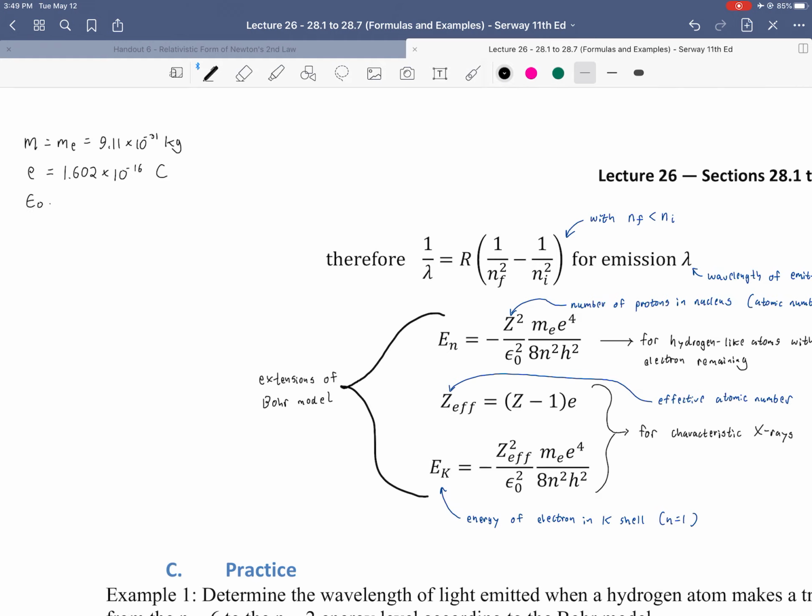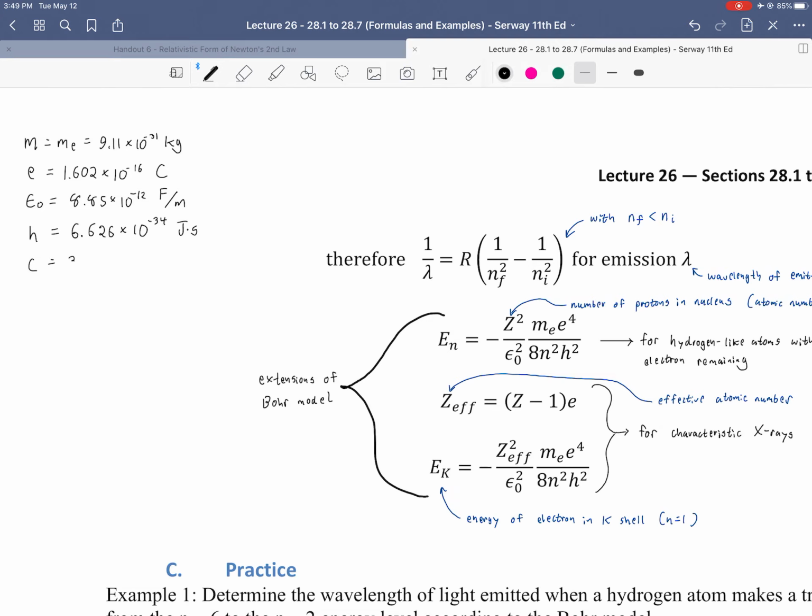All right. The permittivity constant, which shows up quite a bit, is 8.85 times 10 to the negative 12. We'll use farads per meter. We've expressed it other ways, but that's a fine way. Okay. And then we've got Planck's constant, which is an angular momentum quantity, and that one is 6.626 times 10 to the negative 34 joule seconds.